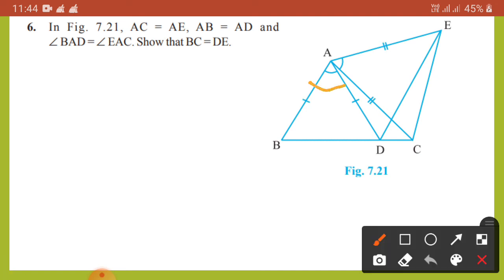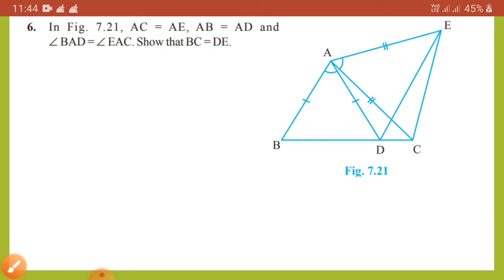Angle BAD, this angle, is equal to angle EAC, this angle. We have to show that BC is equal to DE, that is, BC on this side is equal to DE on this side. So let's prove the problem.